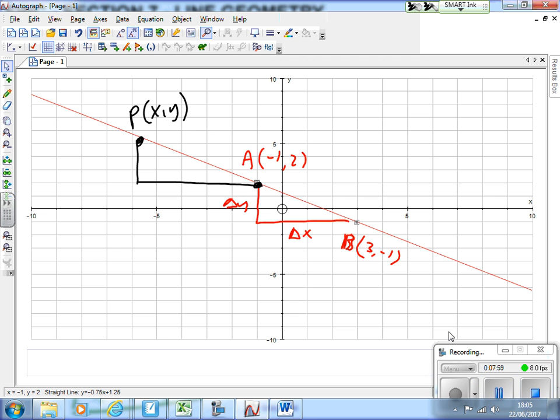So if I work out the gradient between this and this, which we did in that example, the gradient was -3/4. So m was -3/4. Then that means that the gradient between any point on this line is going to equal -3/4.